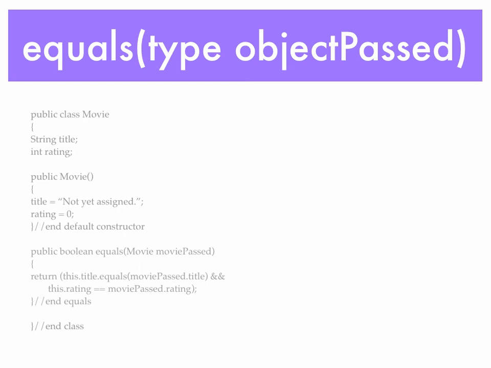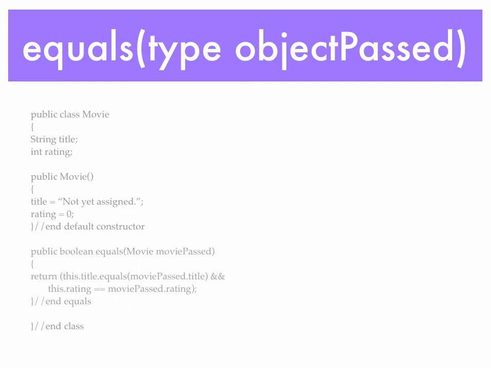So here we're comparing, using the method equals of the String class, the title of the instance that called this method with the title of the instance that was passed to the method. That's that bit of code. We then, using Boolean logic, compare that to the rating of the instance that called this method and the rating of the instance that was passed to this method.